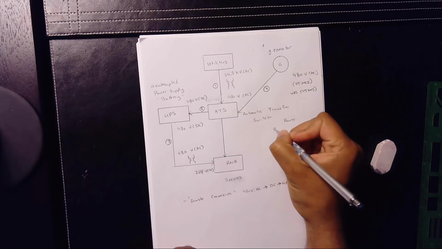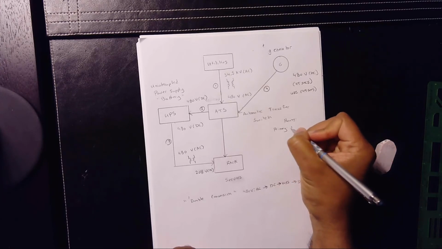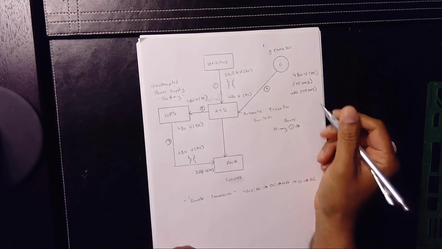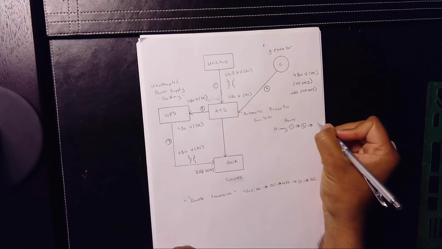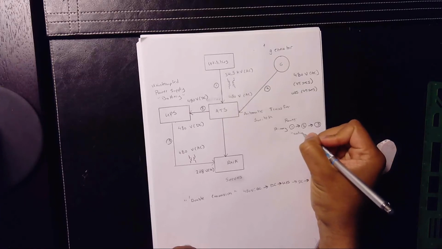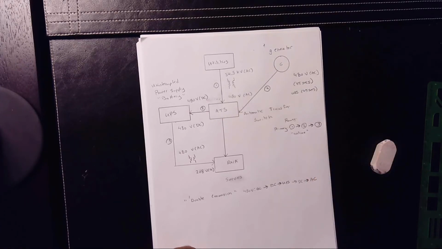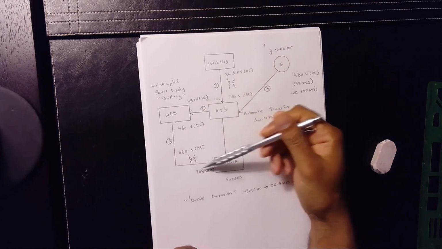Our primary route is 1 to 2 to 3. This is simply called online. When you're fully online, utility is on, is at the ATS, and the battery supplies to the rack.